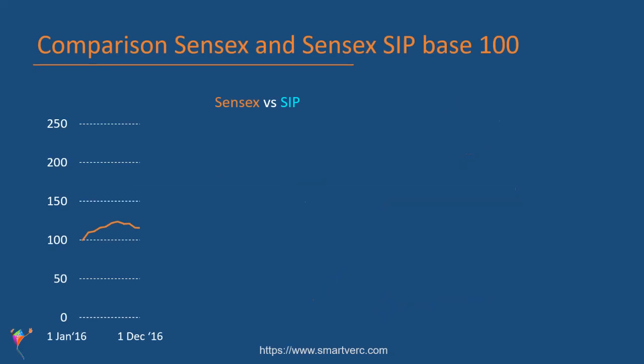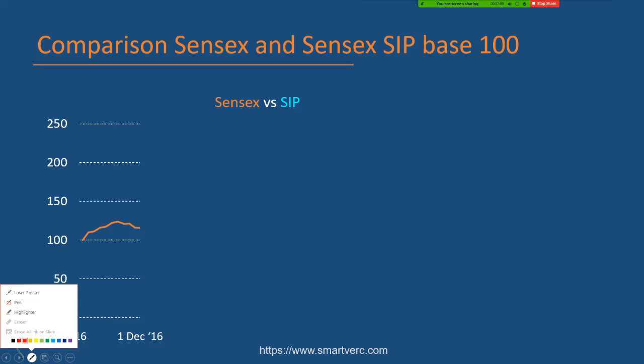Now, this is the comparison between BSE Sensex in absolute terms and BSE Sensex in terms of SIP, with a base of 100. So there are going to be two charts. One is the BSE Sensex alone with a base of 100 as on 1st of January 2016, as you can see at the bottom left corner, and Sensex SIP.